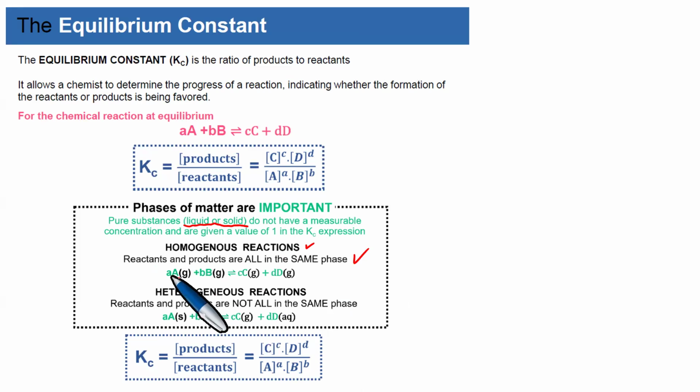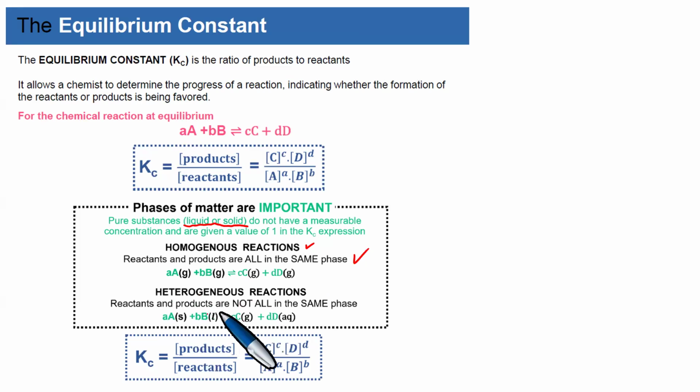Homo means same. So you have aA plus bB in the forward and reverse, cC plus dD, and all of these are in gaseous states. Obviously, this gives us an example of a homogeneous reaction because all of these are gases.